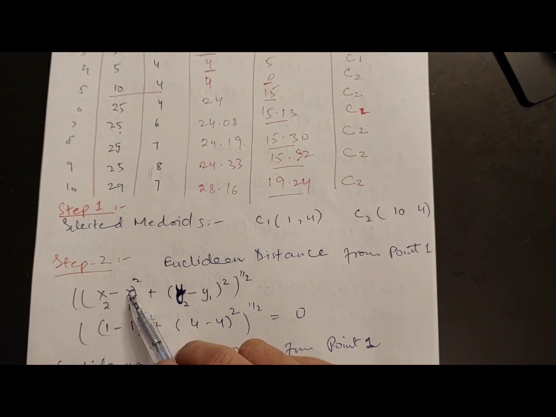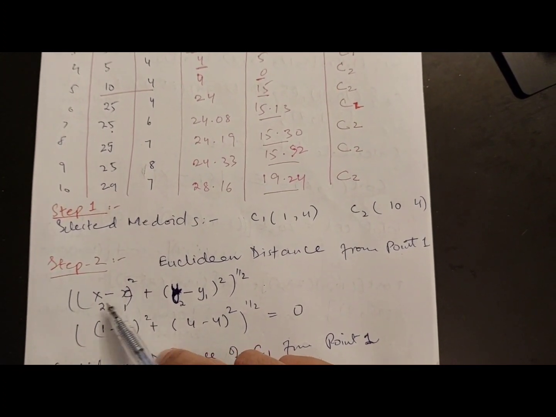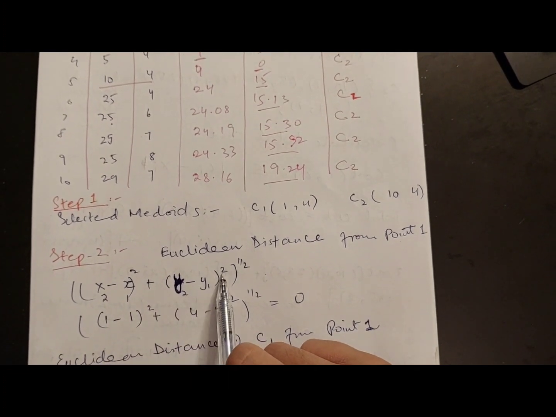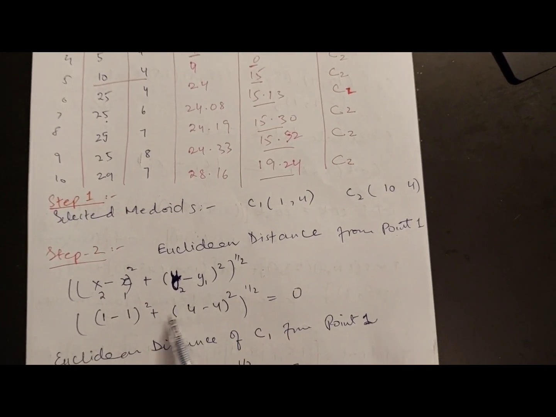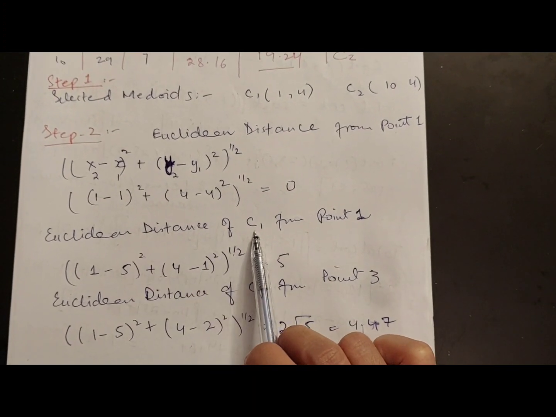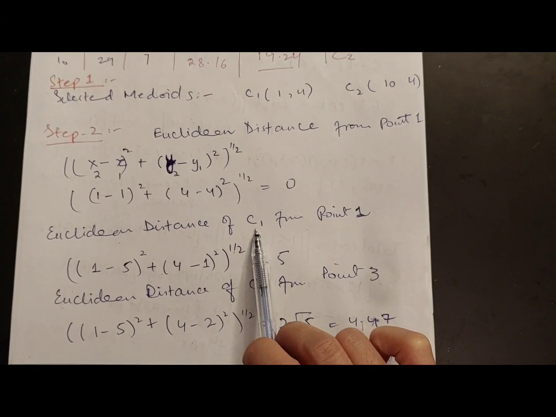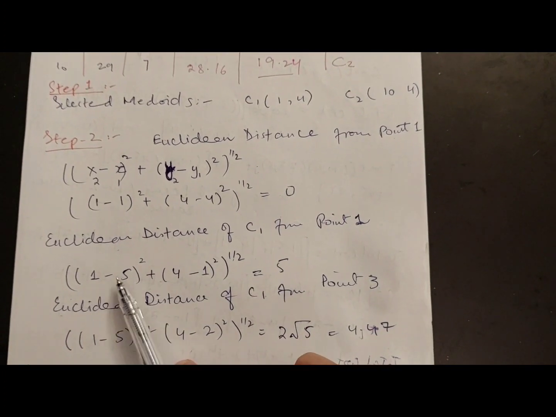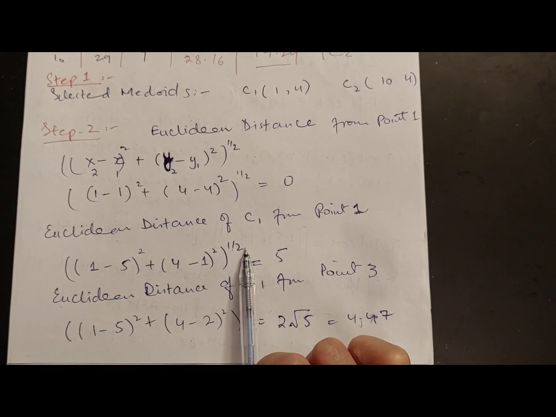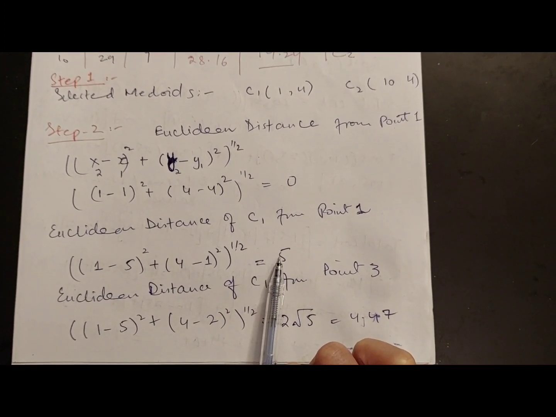You know the formula for Euclidean distance is the square root of (x2 minus x1) squared plus (y2 minus y1) squared. If we use this formula, we can find the Euclidean distance of the first medoid from the first point. It will be the square root of (1 minus 5) squared plus (4 minus 1) squared, and the answer comes out to be 5.